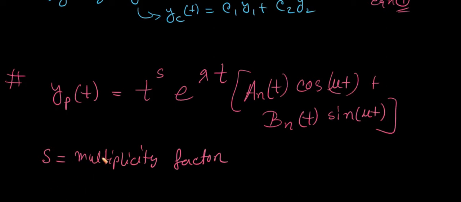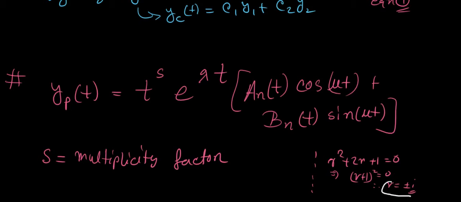Let me show you what I mean by this. Let's say you have an auxiliary equation r squared plus 2r plus 1 equals 0. That means (r plus 1) squared equals 0. Oh sorry, not r plus minus i, my mistake.